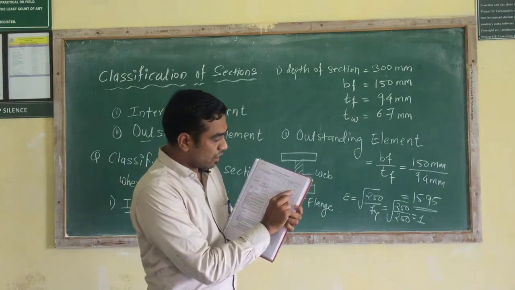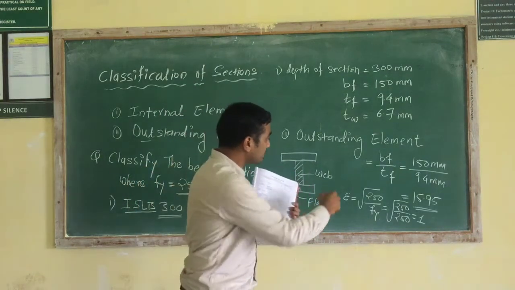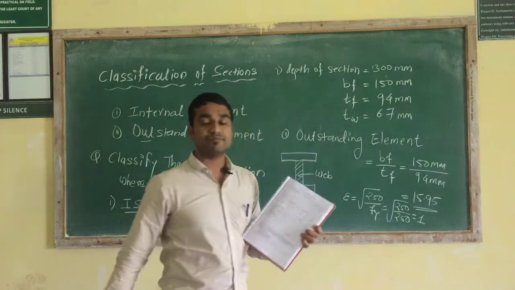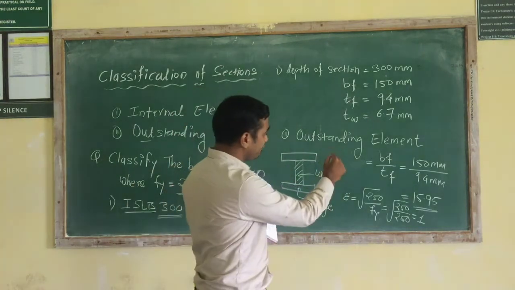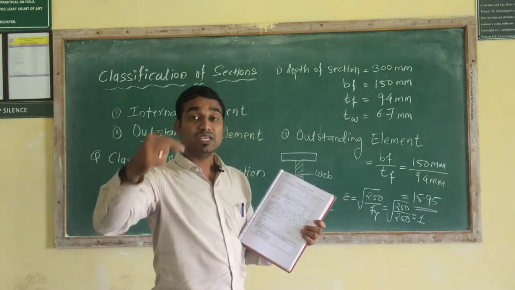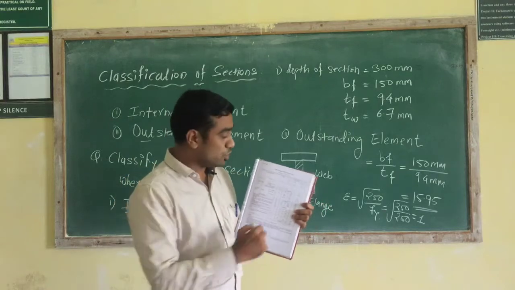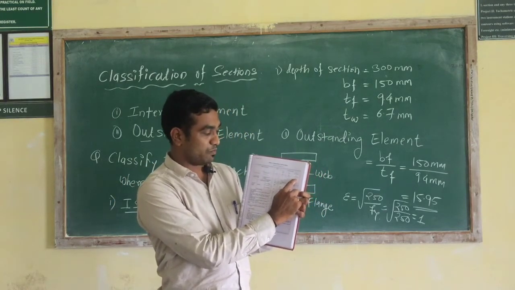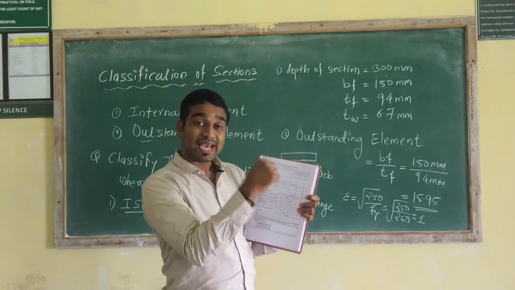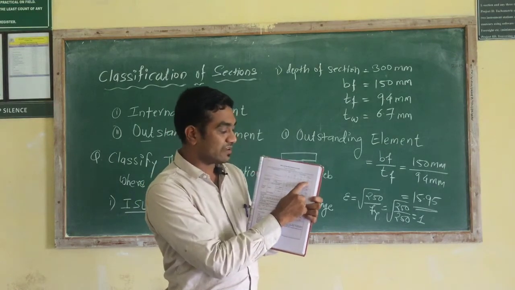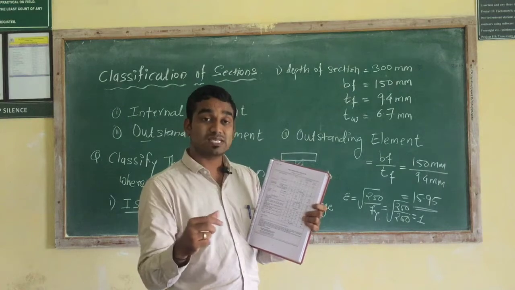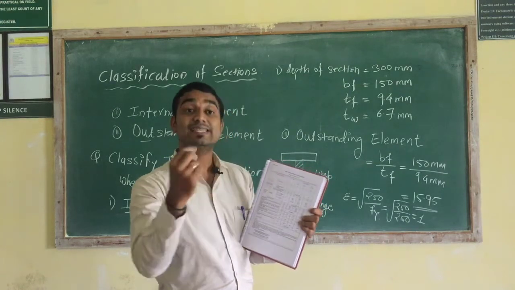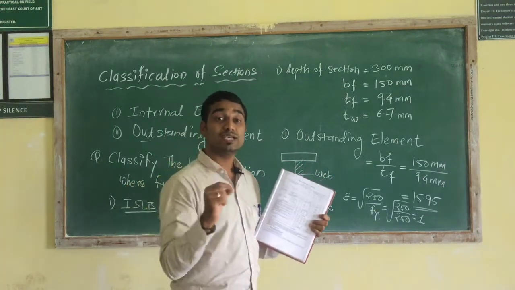Here our value is 15.95. What is the meaning of it? Our value exceeds this value 15.7 epsilon. That means our section is slender.